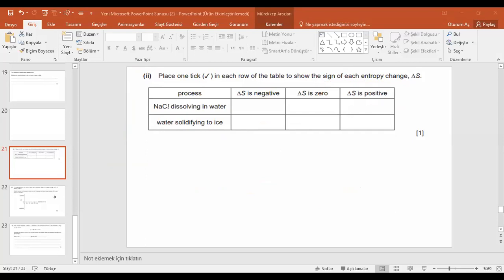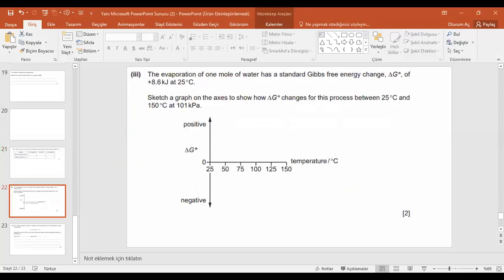These questions are in the same year, all of them. They came in a line. So the next question is a tricky question. Let's read together. The evaporation of 1 mole of water has a standard Gibbs free energy, delta G, of 8.6 kilojoule per mole.